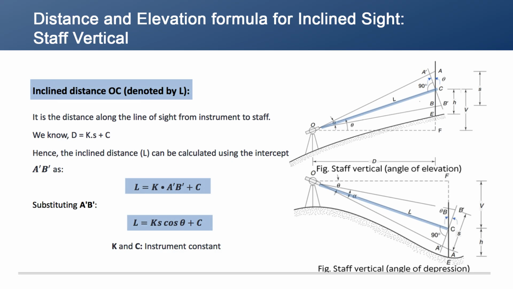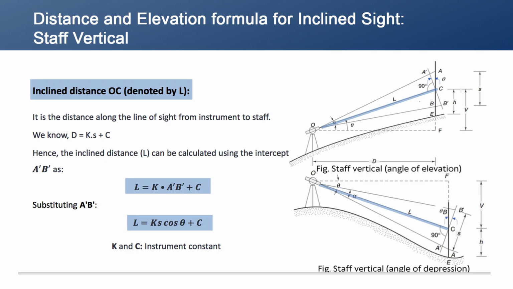Now determining the inclined distance OC. The inclined distance OC is the distance along the line of sight from the instrument to the staff. So, using the intercept A'B', the inclined distance can be calculated as L = K times A'B' plus C. Here K is a constant related to the instrument's property and C is another constant often related to the instrument setup only, like the focal length of the lens.